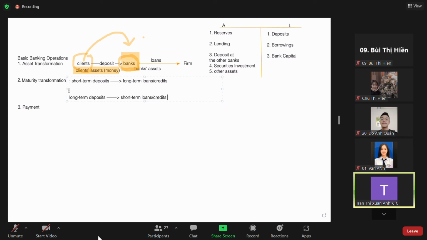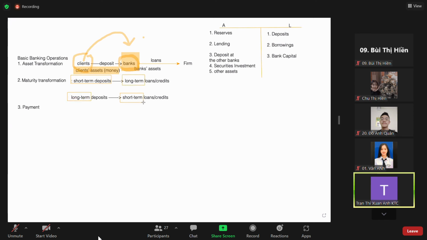It would be normal if the bank collected short-term deposits and used them to finance short-term credit. But here we have maturity transformation: from one side of maturity it can be transformed to the other side, from short-term make it long-term, and from long-term deposit make it short-term credit.